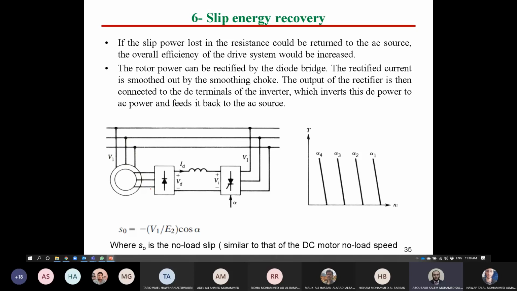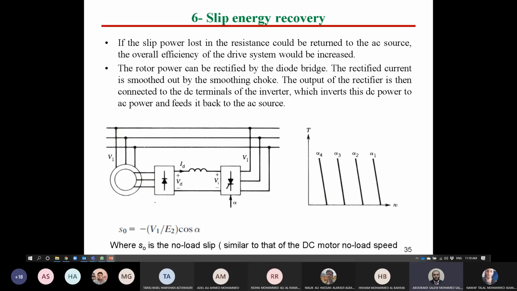However, we said that the power loss in the resistance will be high, and this reduces the system efficiency. So instead of that, we will return this energy to the supply again. And by controlling the valves here, which are the power electronic converters, we can control the motor speed.